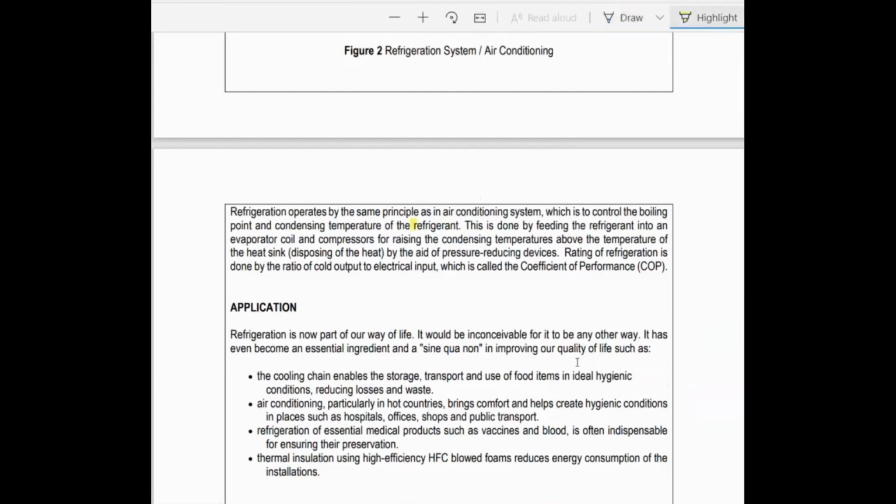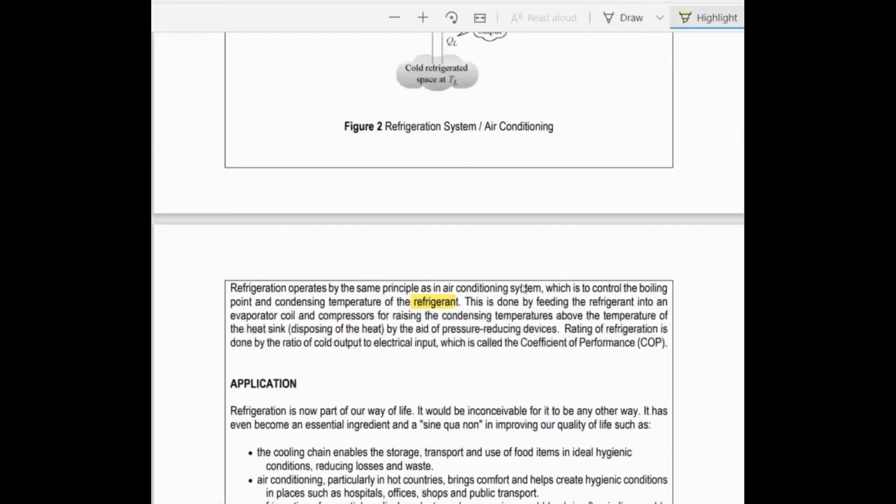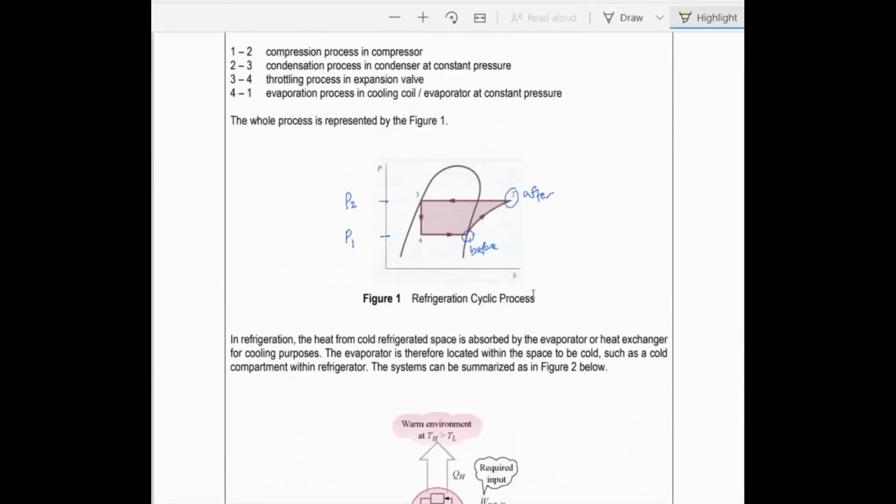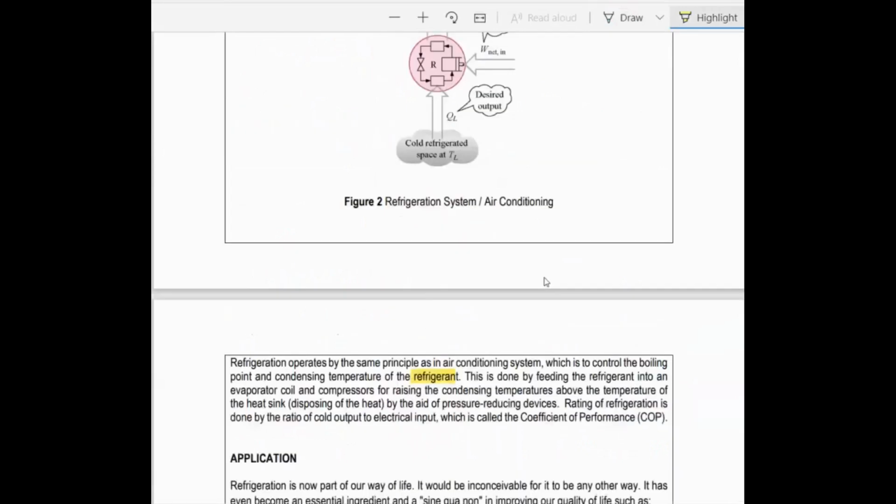The refrigerant will be inside the refrigeration system, inside one system.